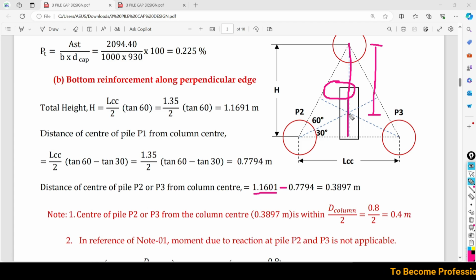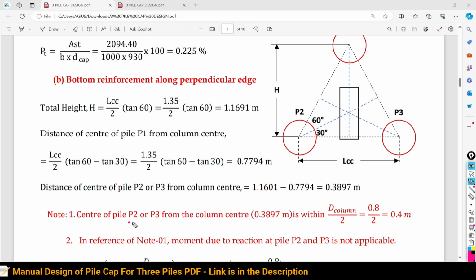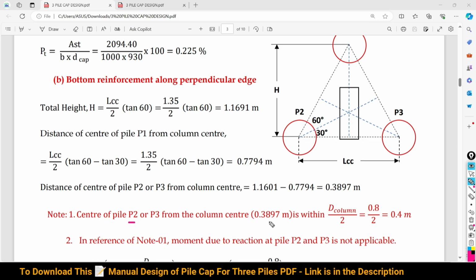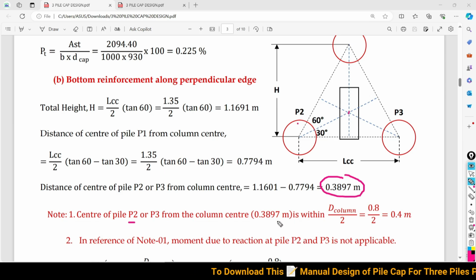So you will have this height from the center to this. So this is obviously we have to check with the depth of the column. So basically the center of pile P2 or P3 from the column center, that is what? 0.3897, which is actually within the depth of the column divided by 2. Depth of the column is what? 0.8 divided by 2, that is going to become 0.4 meter.